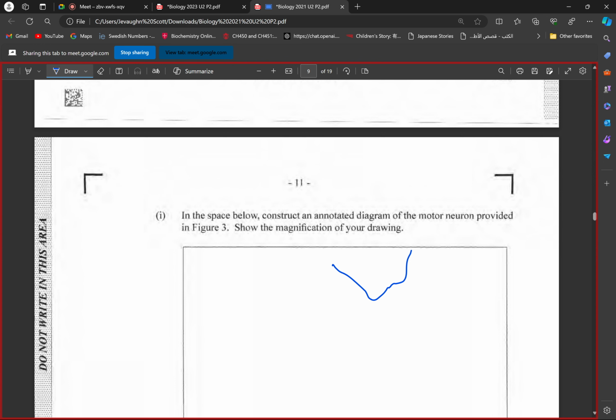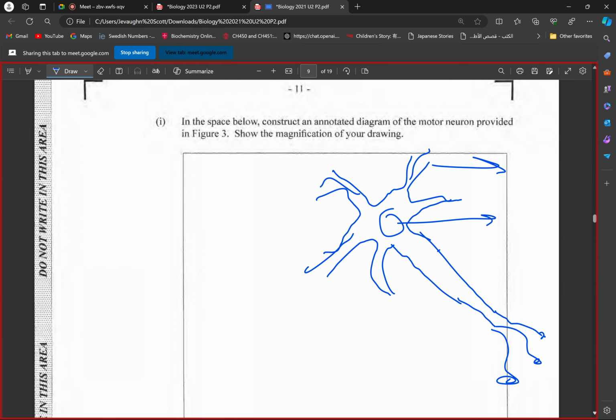These are my dendrites, and this is my nucleus. All the good stuff happens there. And I have my axon coming down here with my axon terminals. My axon has a myelin sheath and channels here, right? Lovely. I'll move on with our life.